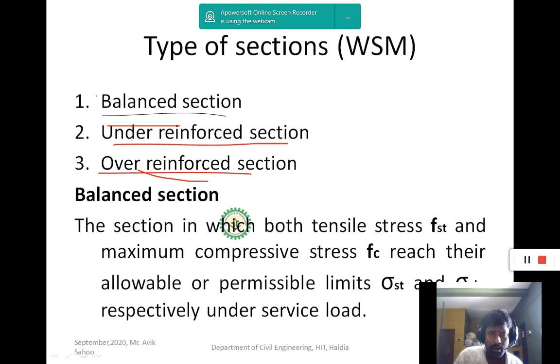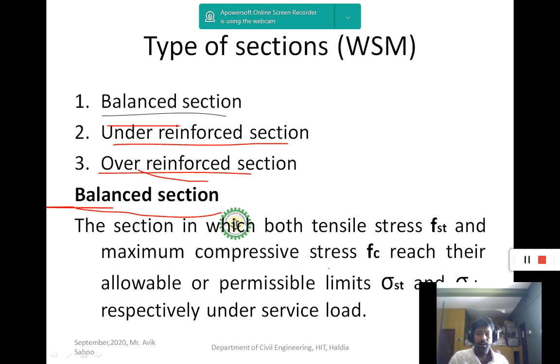So, in the balanced section, what happened? In the balanced section, when you apply the load, stress is developed inside the reinforced concrete section.